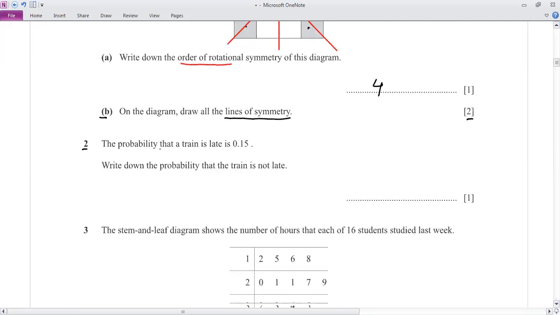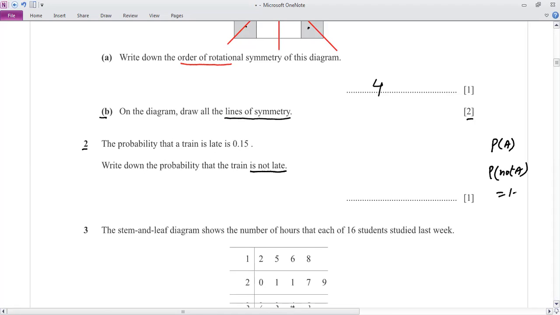Second question: the probability that a train is late is 0.15. Write down the probability that the train is not late. Remember the rule: if you have the probability of A, then how do we find the probability of not A?